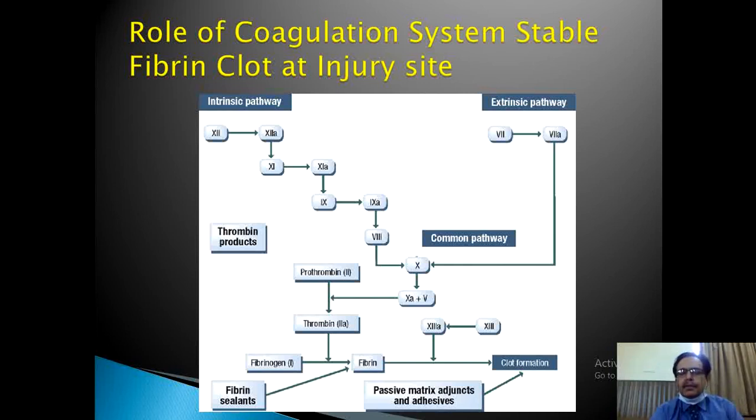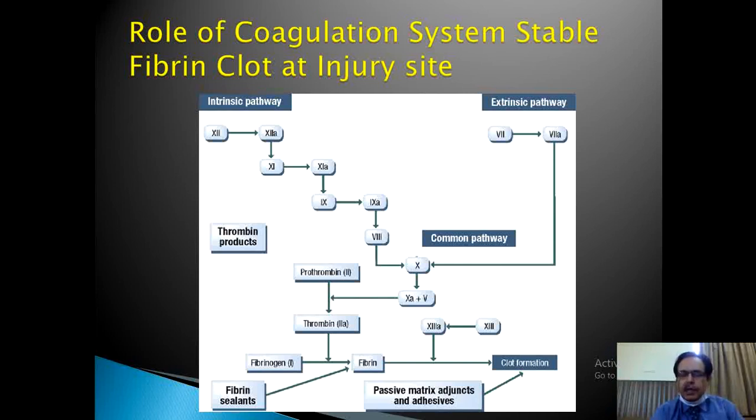So in summary, you have to remember that factor 10A and factor 5 are the two most crucial and important factors responsible for the conversion of prothrombin into thrombin, and thrombin converts fibrinogen into fibrin, which is a clot actually.